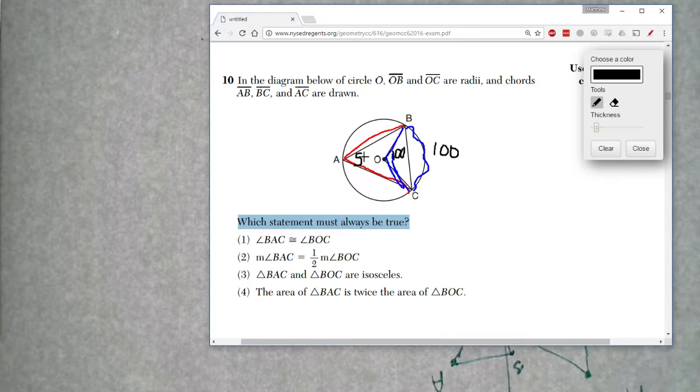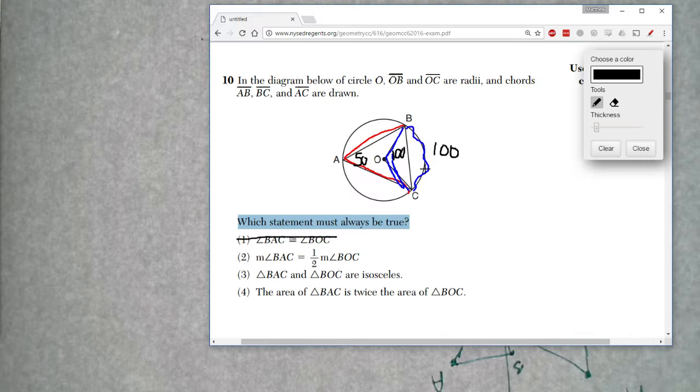It will be 50. So this statement here, not always true. If we look at answer number 2, though, the measure of angle BAC should always equal half the measure of angle BOC.